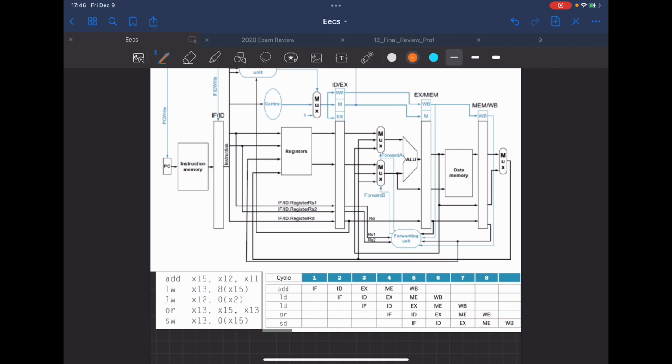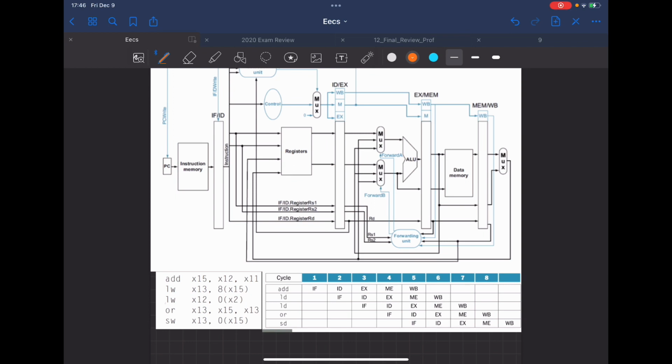From part 3, we know that we need hazard detection only to insert a stall when the instruction following a load uses the result of the load. That does not happen in this case. So since that does not happen here, we don't need the hazard detection because it's always going to have the same output for every cycle.